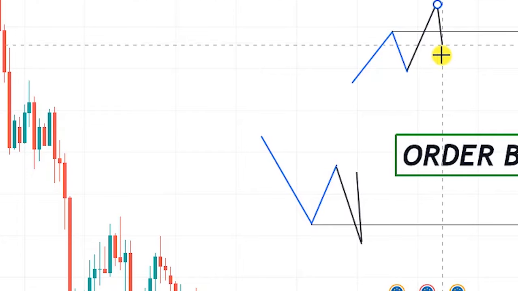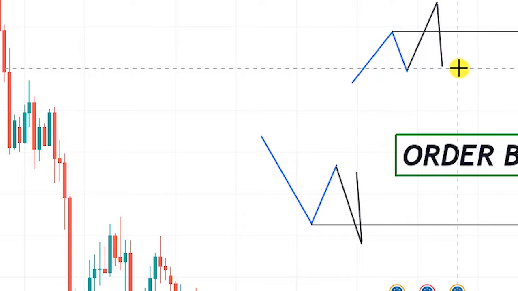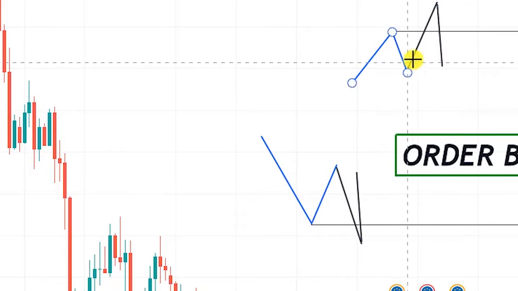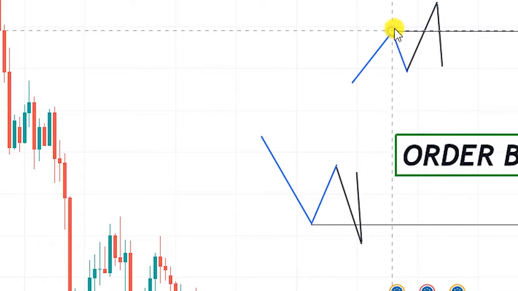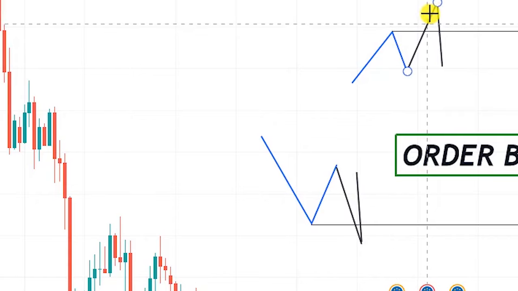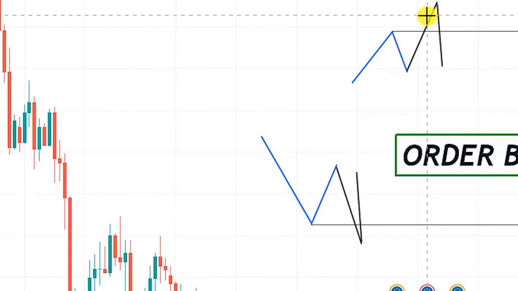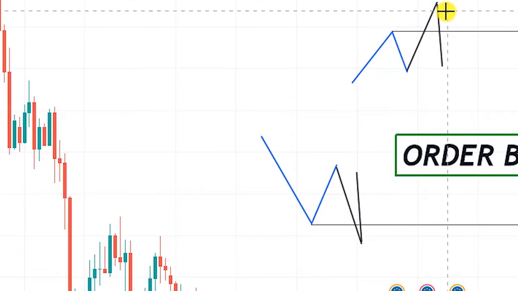By selling the market. Collect those stop losses. So they collect stop losses from both traders that are looking to sell and traders that are looking to buy. So they collect both sell side liquidity and buy side liquidity.